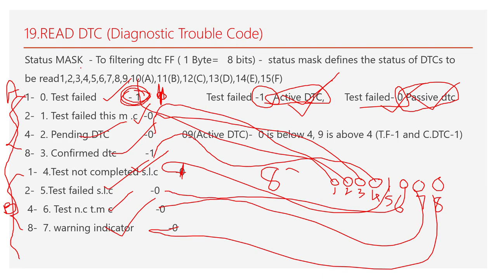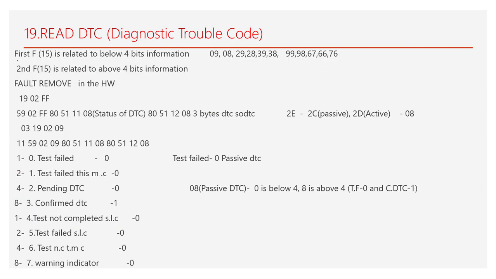The first F is related to the below 4 bits, and the second F is related to the above 4 bits of information.